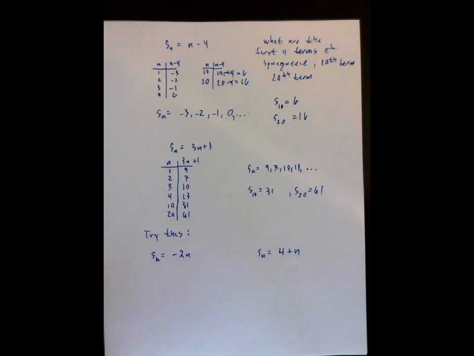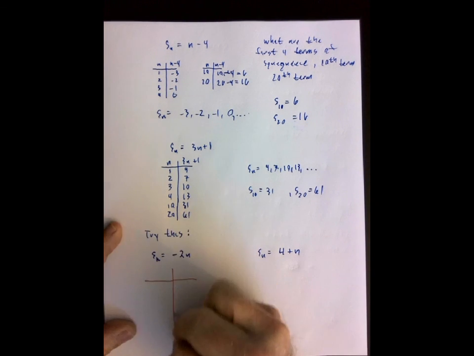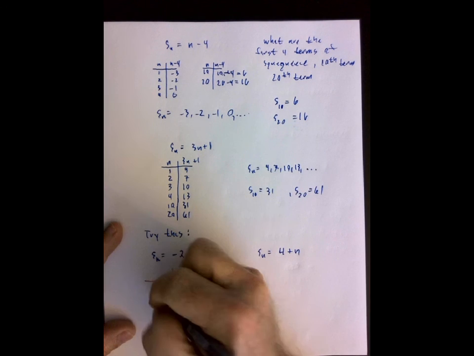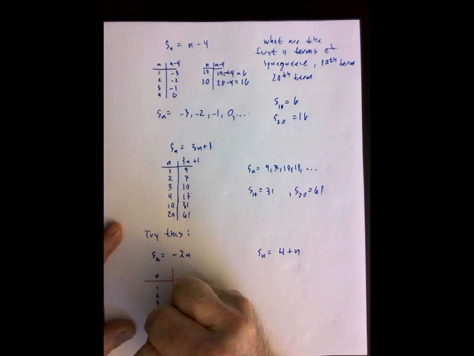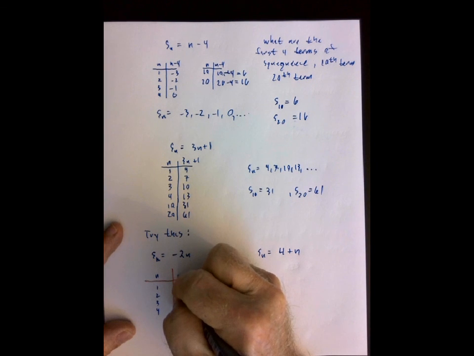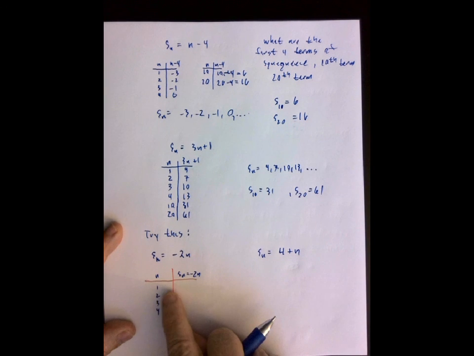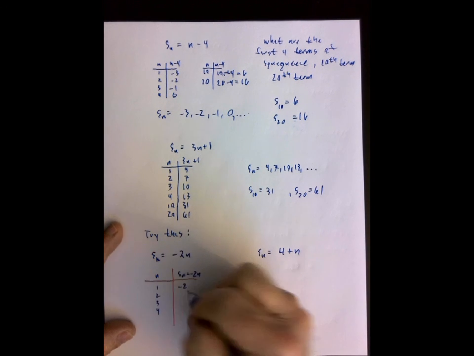Okay, I'm back. So here, like this, the first 4 terms, 1, 2, 3, 4, and then this is going to be S of n equals negative 2n. So negative 2 times 1, that's negative 2.